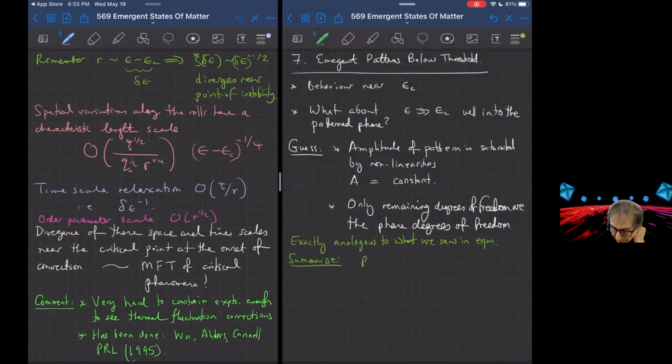The phase dynamics can be worked out, and actually near the threshold, you can work it out fairly simply. I'm not going to bore you with the details. Let me just say that near threshold, the phase dynamics obeys the equations like so.